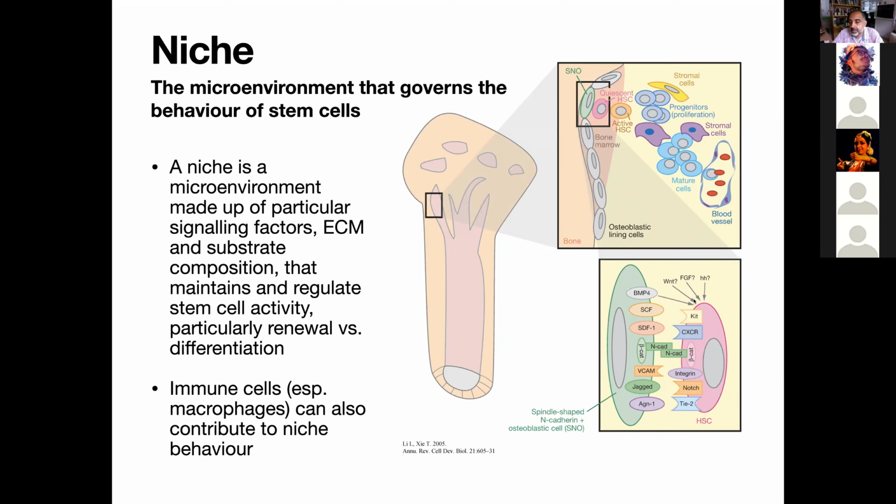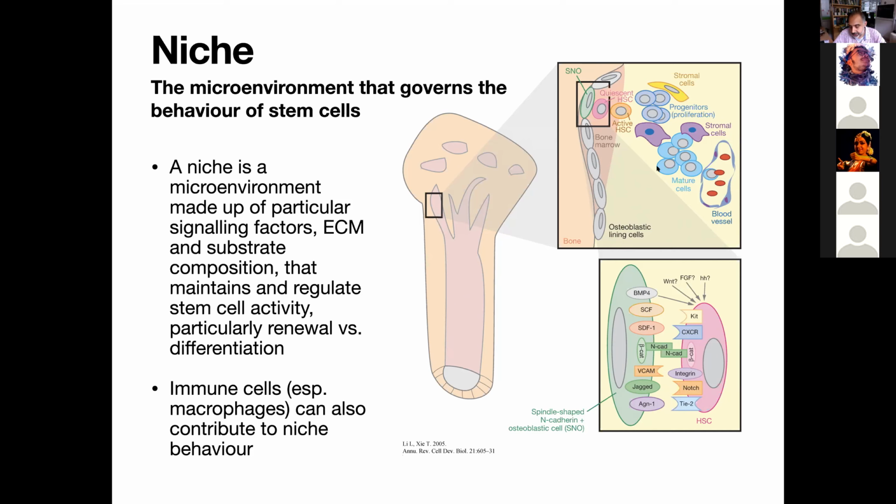And it's known that all of these particular interactions with all of these particular genes, for example, integrin and VCAM, and N-cadherin interaction, and so on, are important for maintaining the quiescence of hematopoietic stem cells. When any of these are disrupted, the stem cell is activated and then undergoes directed proliferation to form various components of the blood. So that's one niche.